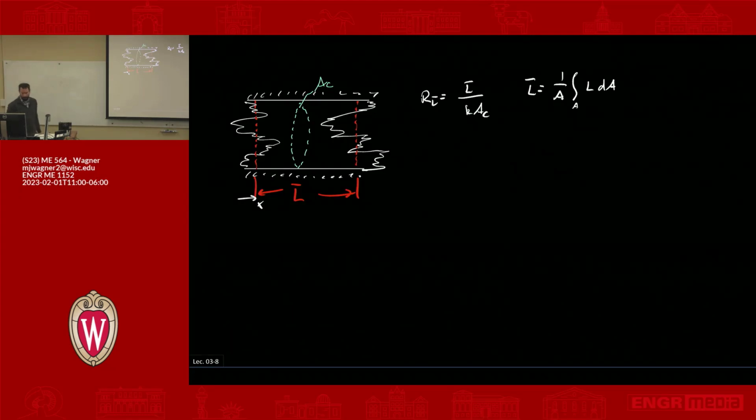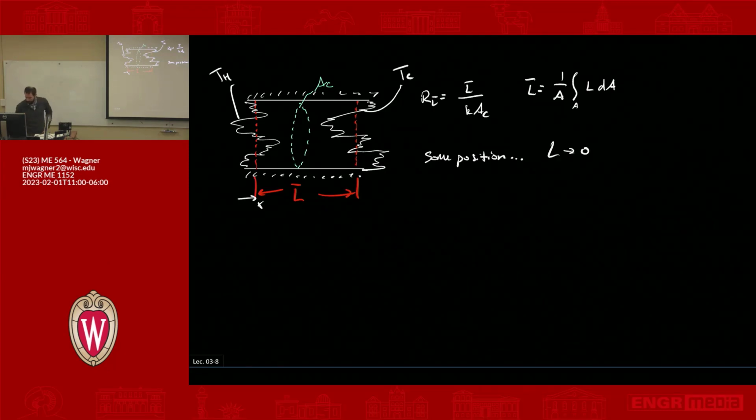And if that happens, so if we say at some position L goes to 0, then what happens to our heat transfer? Again, we're saying over here on the left, this is being held at TH, and on the right, this is being held at TC. So we have fixed temperatures. That's not changing.